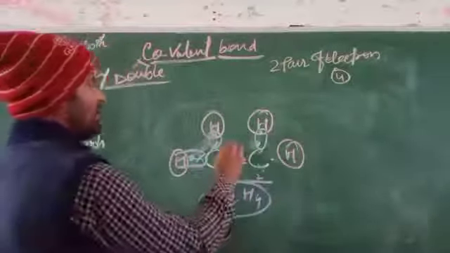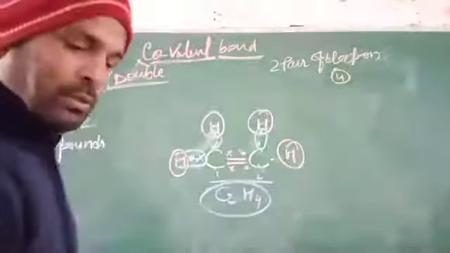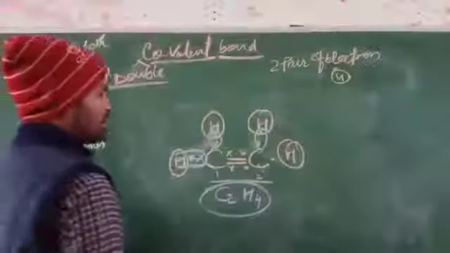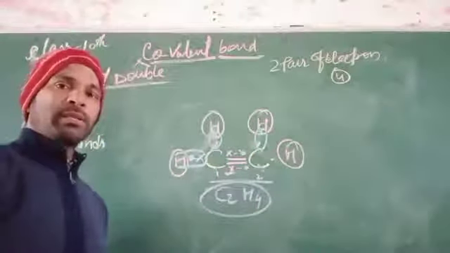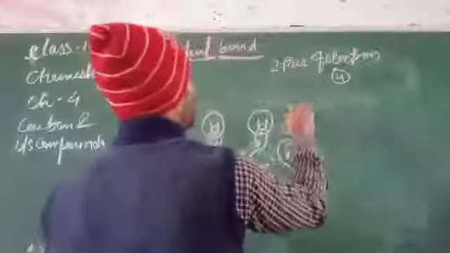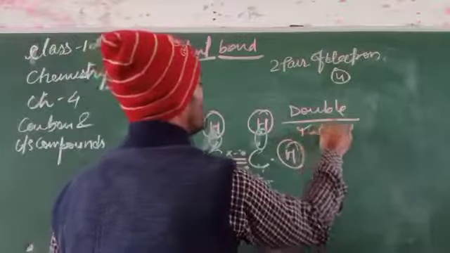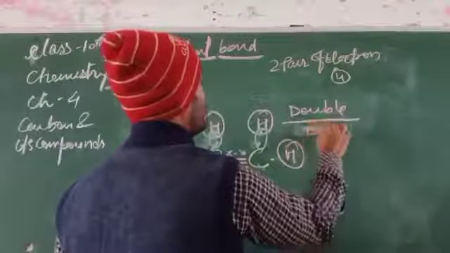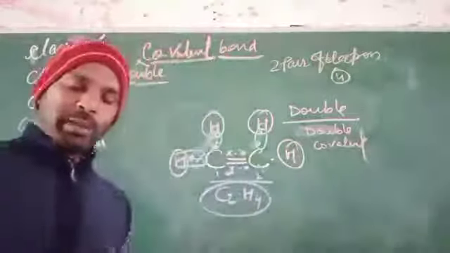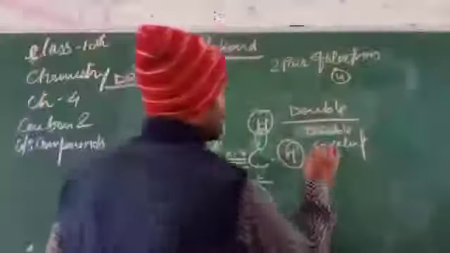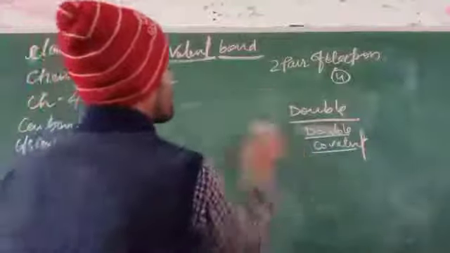And in this case, the sharing of electrons will change accordingly. So how many pairs are there? 1, 2. 2 pairs of electrons get shared. That is a double bond formation. Any double bond in any compound will be considered a double covalent bond. If 2 pairs of electrons are shared, that one is called a double covalent bond. Now we will see the next one.